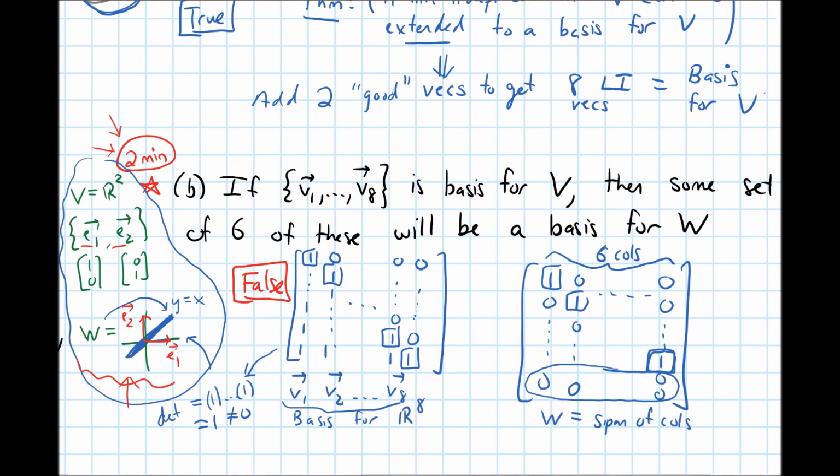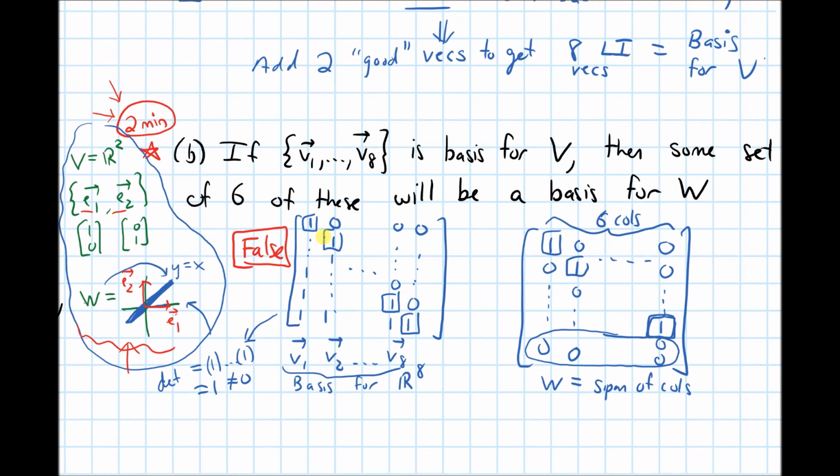And why this is good for us is we can't remove two of the vectors, two of these vi's, and get a basis for W, because none of these vi's are even in W. Because when I take the span of the columns in this matrix, the last two rows should always have 0.